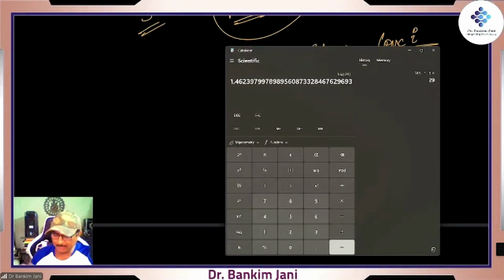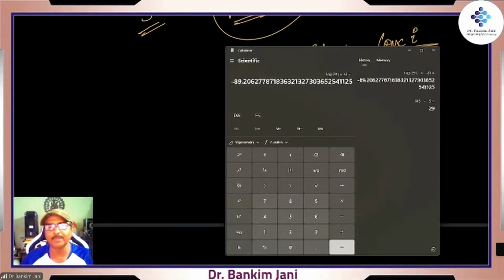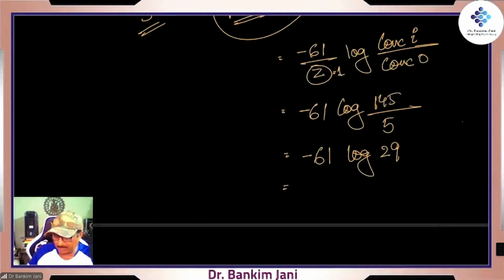And we need to multiply it by 61, and that is minus. Sorry, my mistake. Again, so this is 29. We just take the log of it and multiply it by minus 61. That's right. Now it is correct, and it is minus 89.2. Many of you have already given the answer. So here it is, minus 89.2.